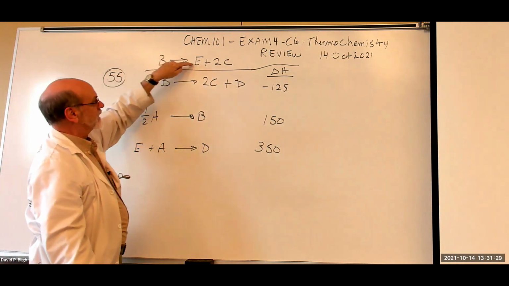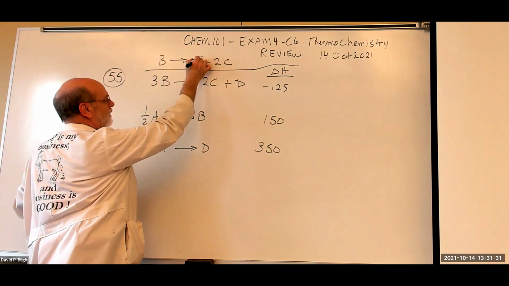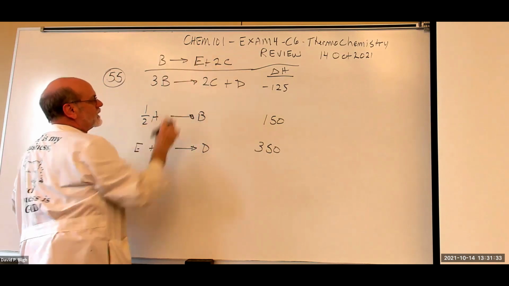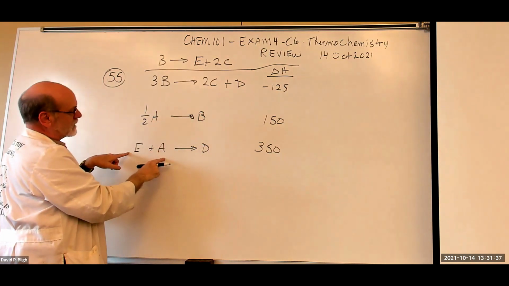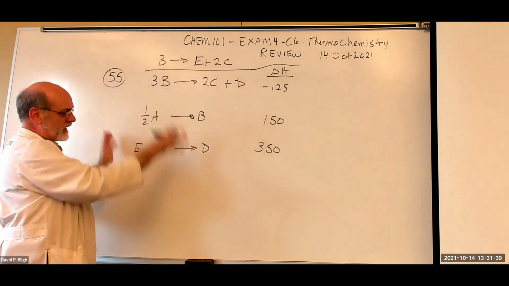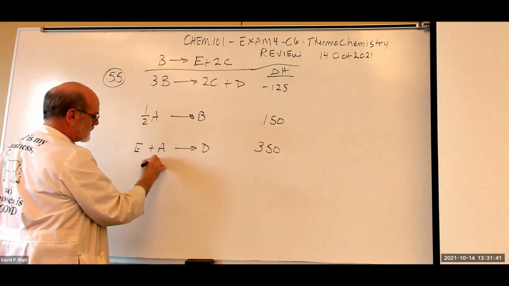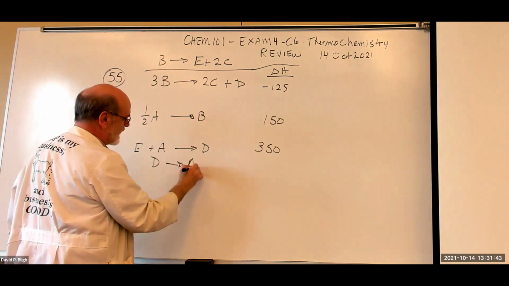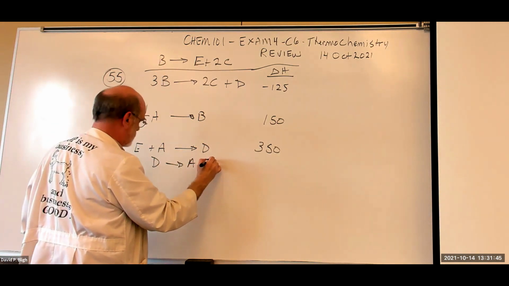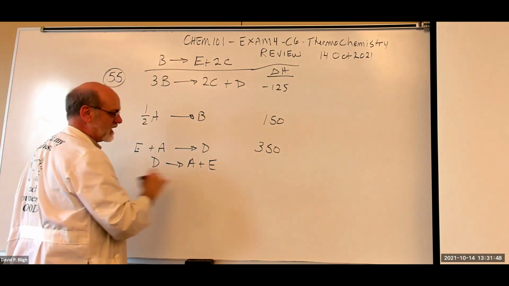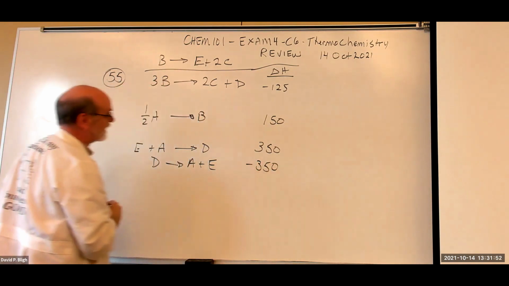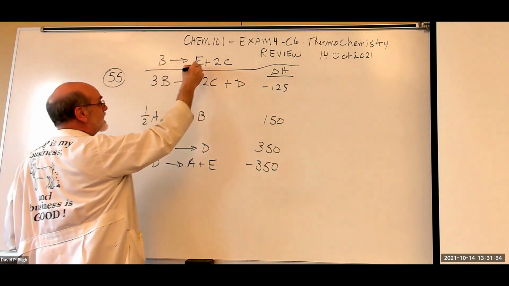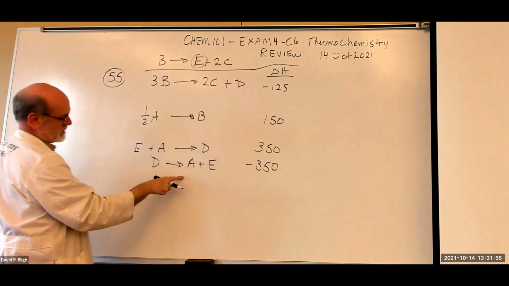Let's look at E. Let's do E first. So E needs to be on that side, but here it's on the left. So that needs to be flipped. So it needs to be D equals A plus E. Okay, that means this value is minus 350. Okay, so we got E covered with this one.